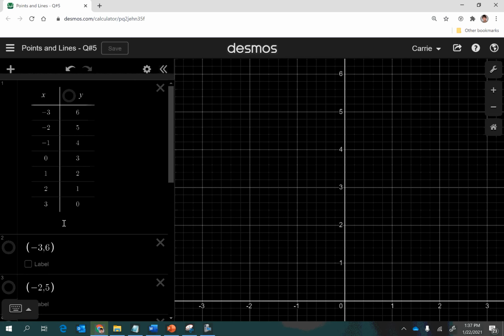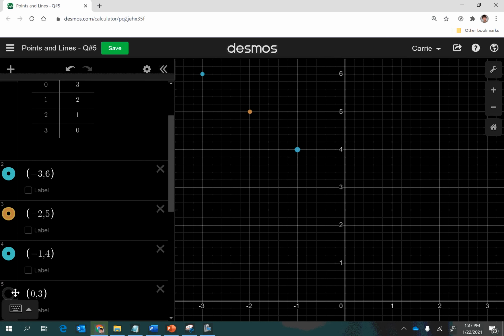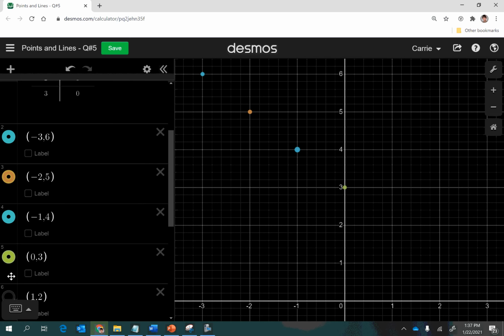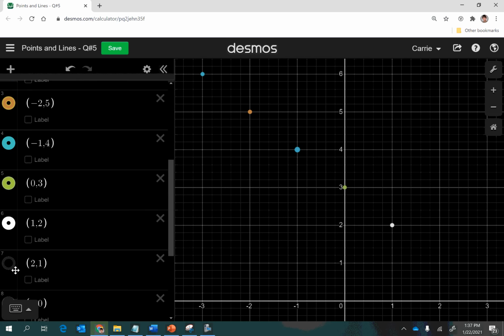And I get my point right there. Graphing (-2, 5). Notice I went to negative 2 on the x-axis, and then I jumped up 5 units to the point (-2, 5). And if we continue in this way, we'll see all of our points lining up as we go.